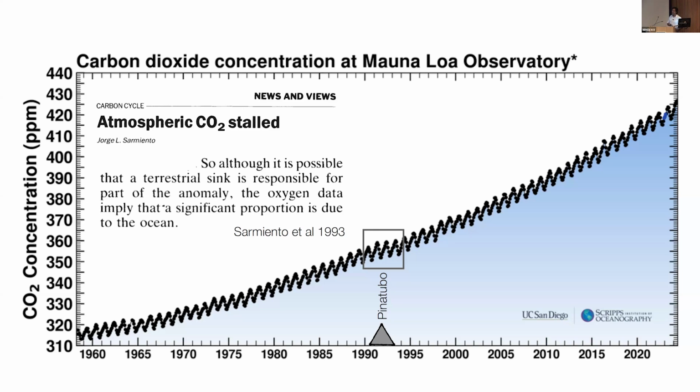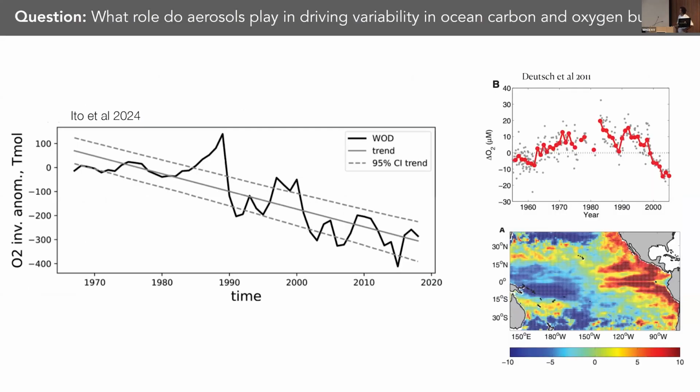And it catalyzed a bunch of really interesting research on how land and ocean carbon sinks respond to climate perturbations, both warming and cooling. I highly recommend going back to this article because it really brings up a lot of interesting questions.